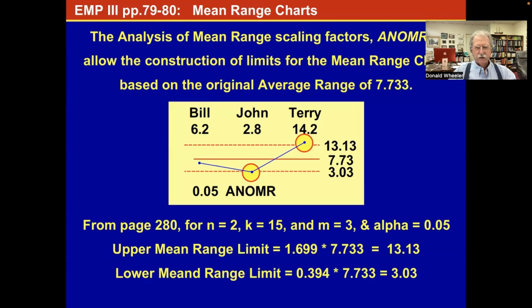The lower mean range limit is 0.38394 times the average range, 3.03. And John is detectably below, Terry is detectably above. Bill and John are operating this thing much more consistently than Terry. And Terry knows it.